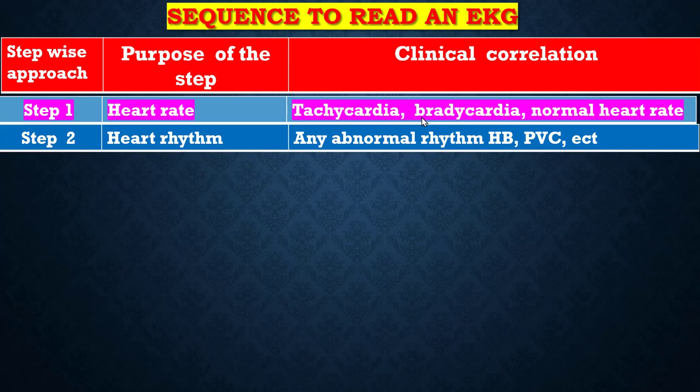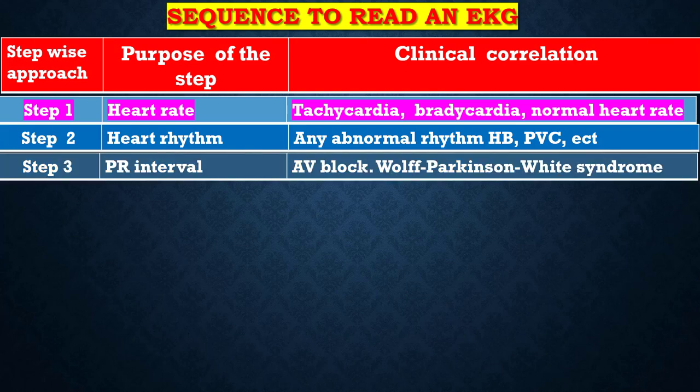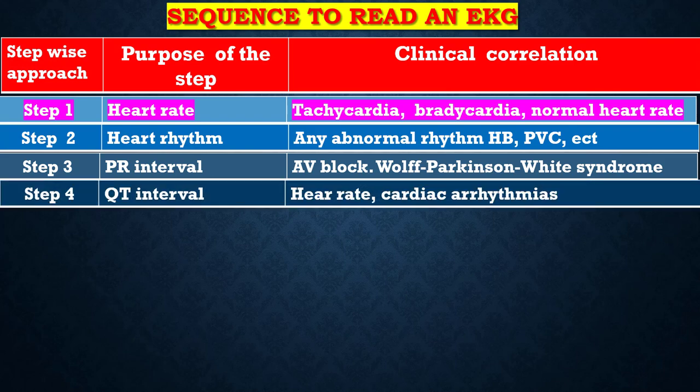Step 2 is heart rhythm: any abnormal rhythm, heart block, PVC, etc. Step 3 is PR interval. The clinical significance of the PR interval is AV block, Wolff-Parkinson-White syndrome. Step 4 is QT interval. The clinical significance is heart rate and cardiac arrhythmias.